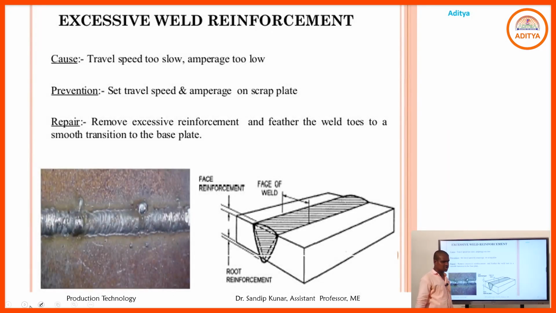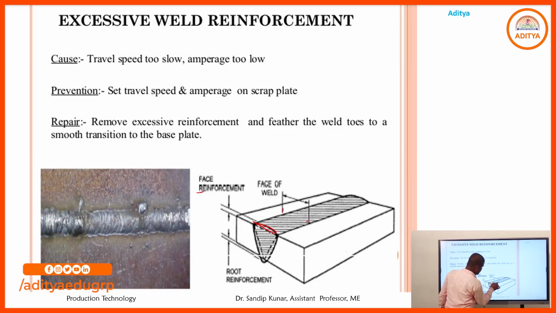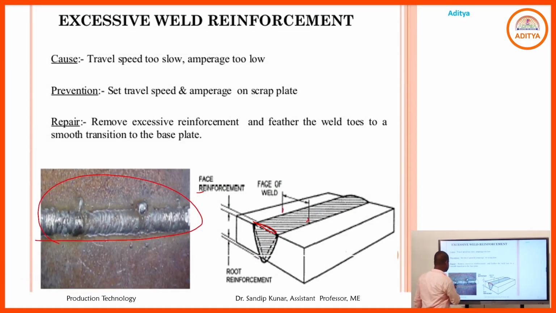Excessive weld reinforcement. Here we are seeing the face reinforcement, and here the face of the weld. So this is the excessive weld reinforcement problem. In this case, the travel speed is too slow and the amperage too low.